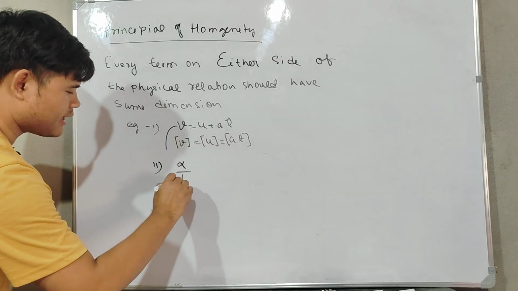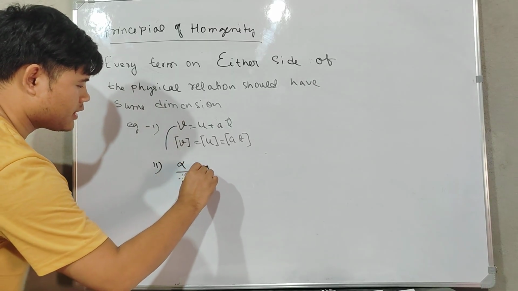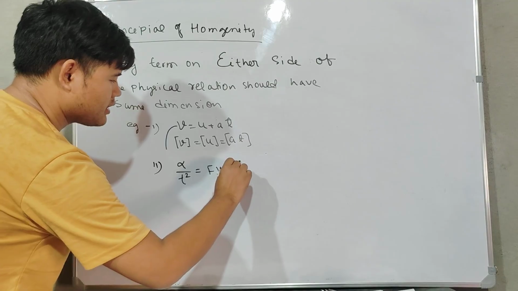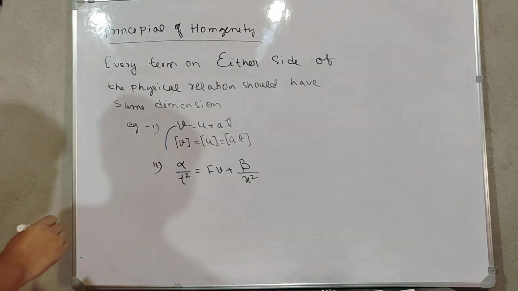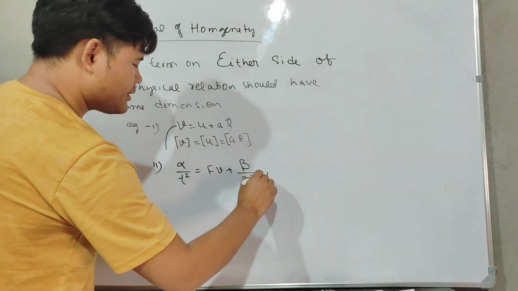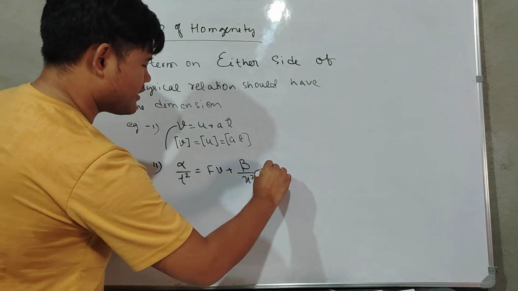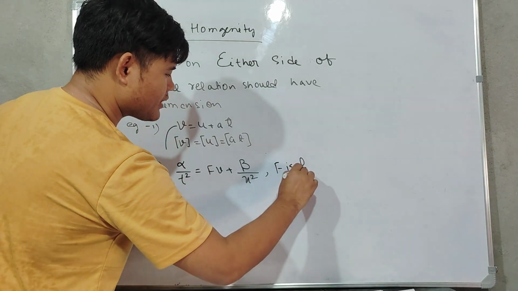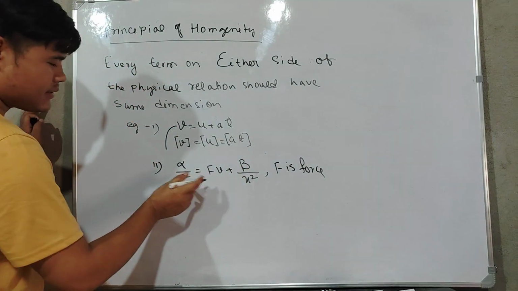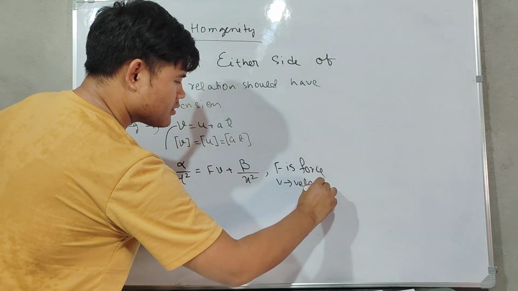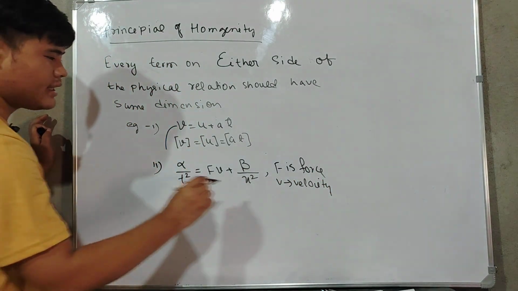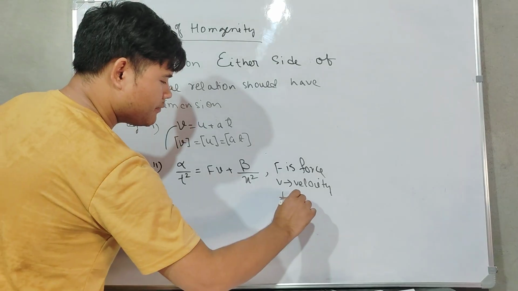Suppose we have alpha/t² = Fv + beta/x². Suppose this equation is given to us. Now suppose F is force, v is velocity, and t is time.